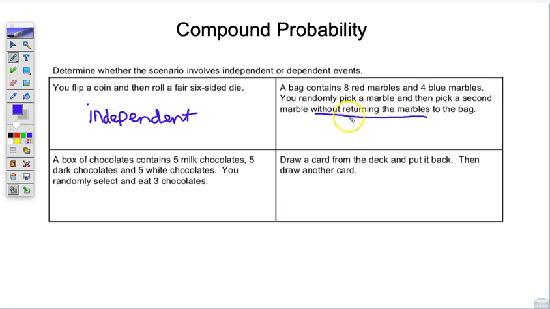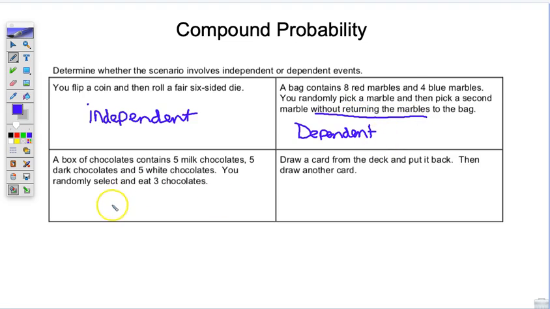When you don't return a marble, it is definitely a dependent event, because after you have selected one and you keep it out of the bag and then select another, every choice you make after that first one is dependent on what you chose the first time. So make sure you look out for this wording, without returning the marbles to the bag. That means it's a dependent event.